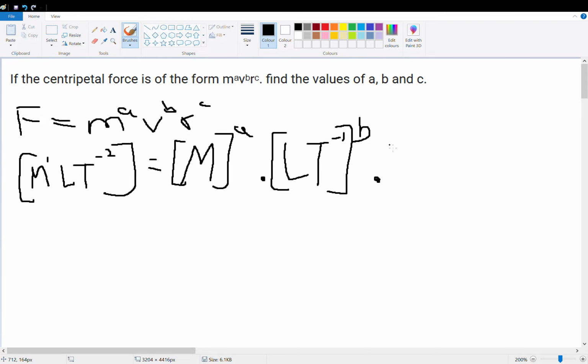If you don't know the units like M, L, T, mass, length, time, you can figure it out: radius has nothing to do with time nor with mass, it is used to find areas, so it's definitely related to length. So write length here to the power of c.